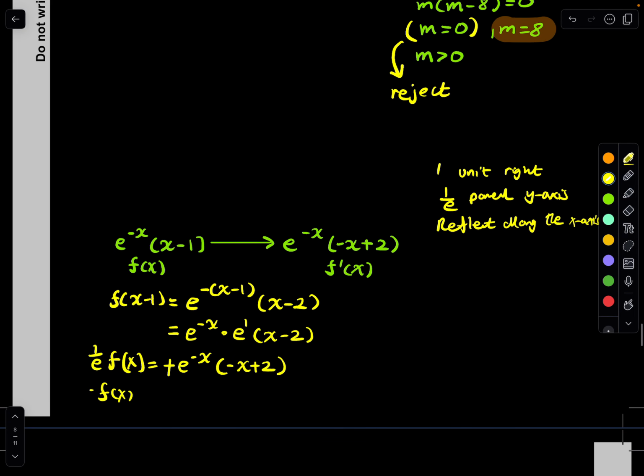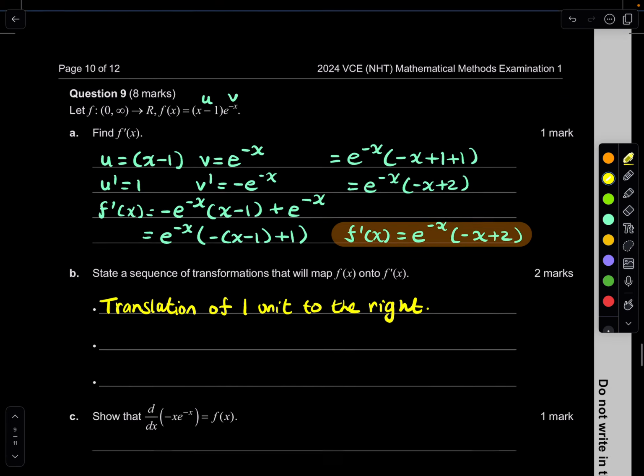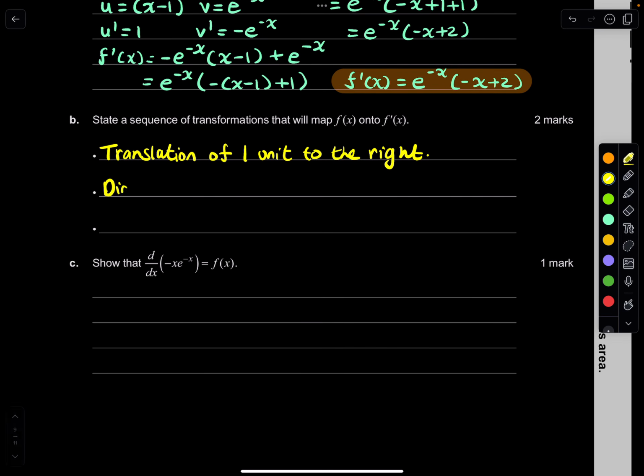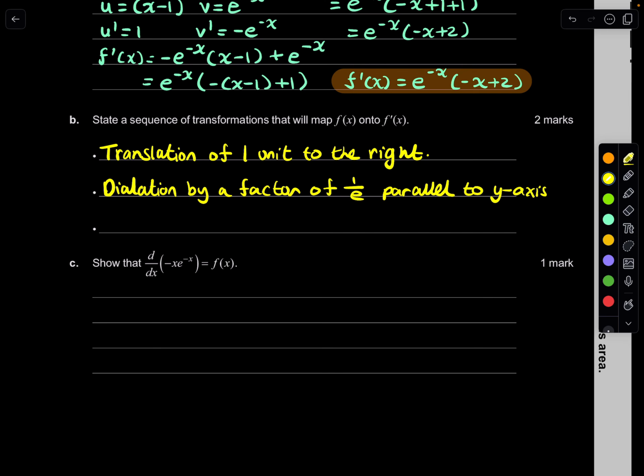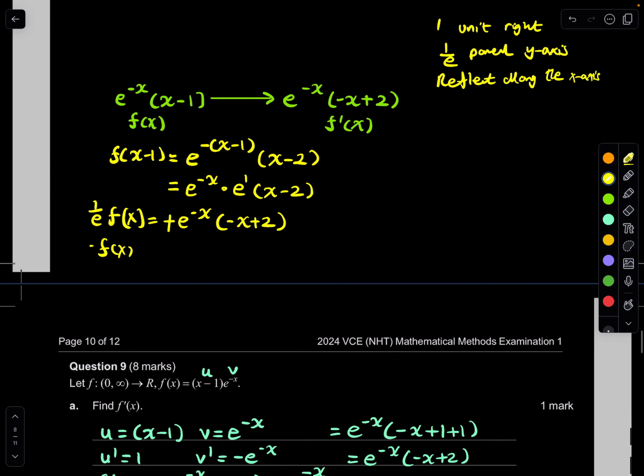Next one we said was parallel to the y, so basically dilation by a factor of 1 over e parallel to the y-axis. Or you can say dilation by a factor of 1 over e from the x-axis. Basically the same. Next one we said was reflect along the x-axis.